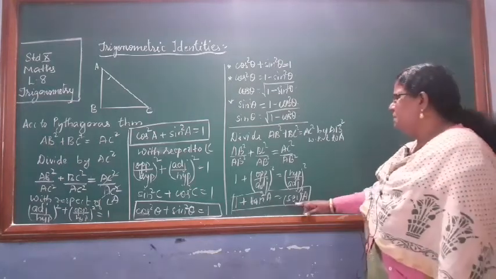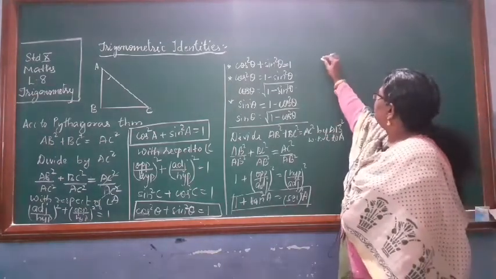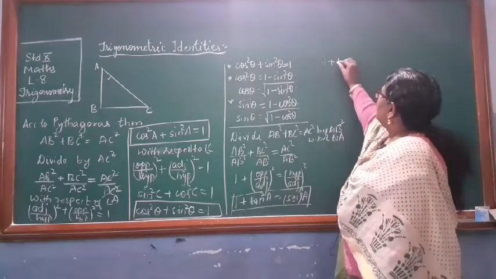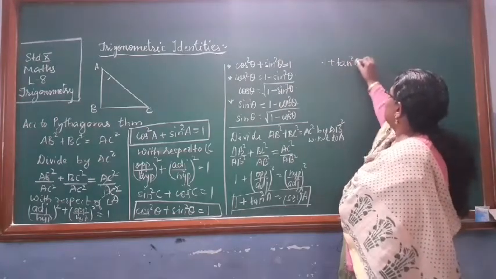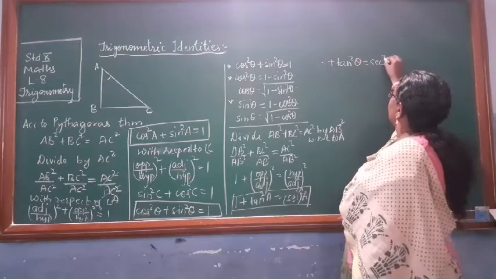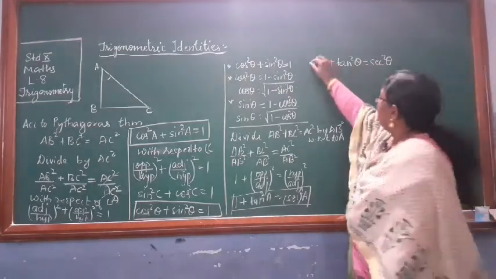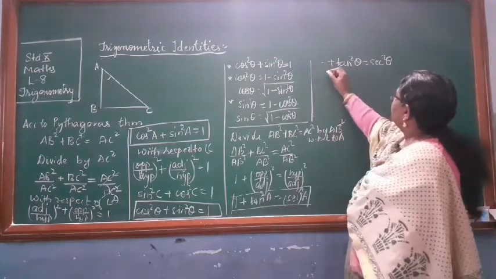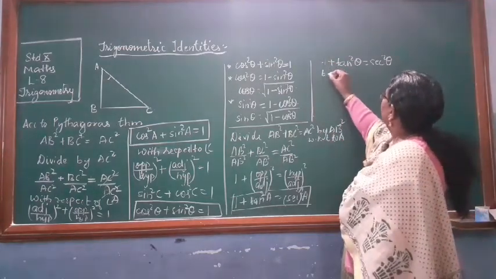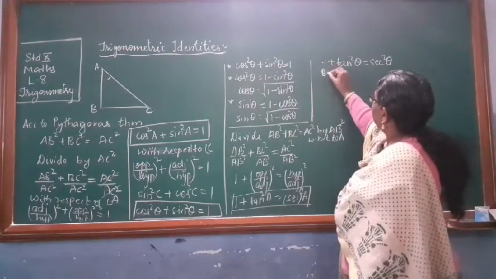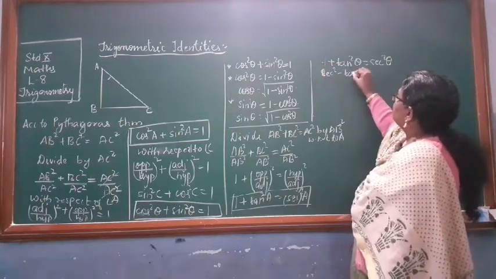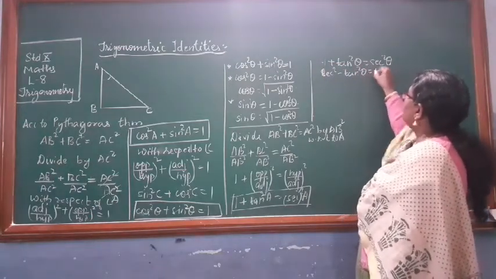So it doesn't matter. In general what can we write? In general we can write 1 plus tan square theta will be equal to sec square theta. Now from this what can you have the other ratios as? We can have sec square theta minus tan square theta will be equal to 1.